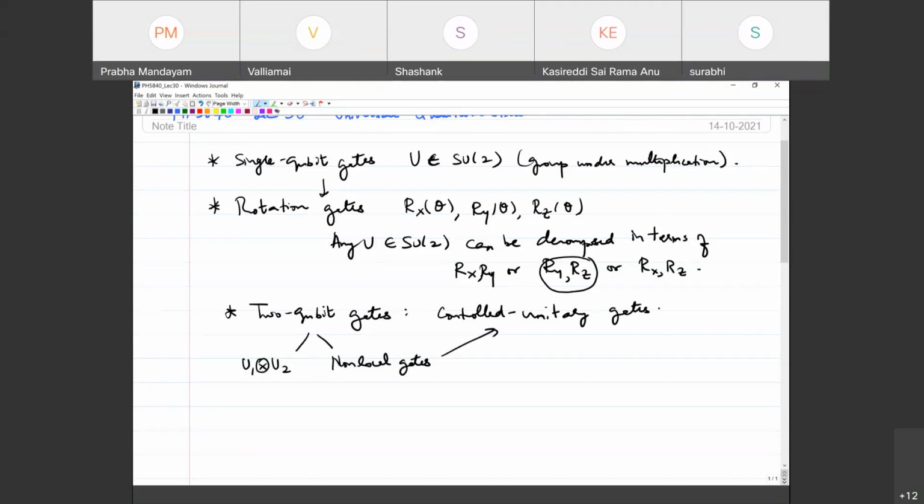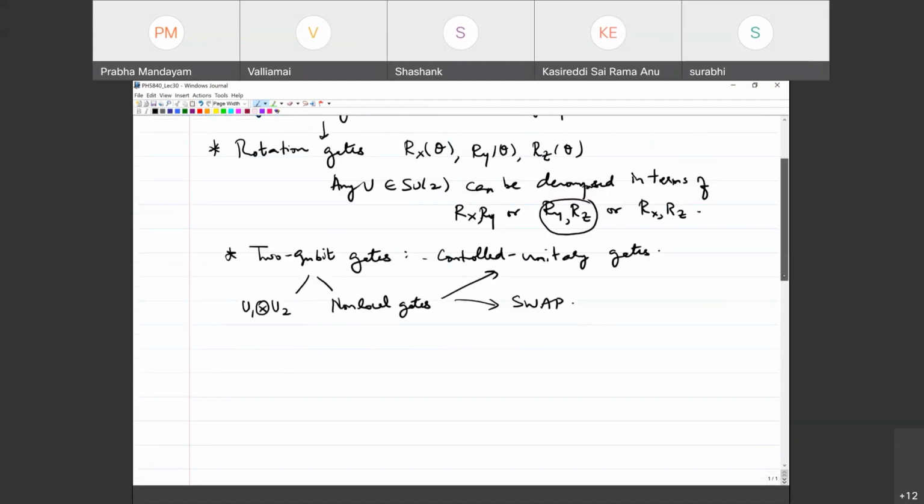Another important non-local gate that we discussed was the swap, right, which swaps the states of 2 qubits. And I think we discussed how these can be written in terms of each other, in particular how the swap can be realized in terms of controlled NOT gates, right?